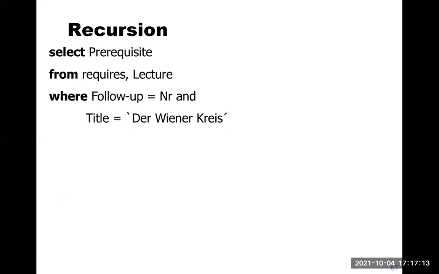If I want to find, let's say, a lecture, starting with a lecture that has a title, I search in the table requires where this lecture, Der Wiener Kreis, is a follow-up for some other lecture. If I output the prerequisite, then I find the lecture that's a prerequisite for this. So I go up, to previous lectures that need to be attended before going to this.